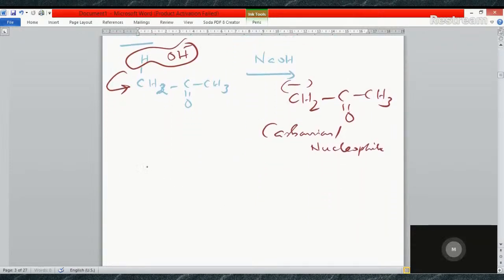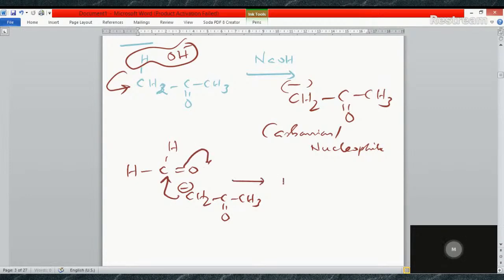this carbanion should attack the formaldehyde, HC double bond O, H, and CH2C double bond OCH3. It carries minus. It is attacking the carbon and the nearby bond is open. So the product will be HCH and O minus, and we can have CH2C double bond OCH3. Now this is to be protonated as usual.